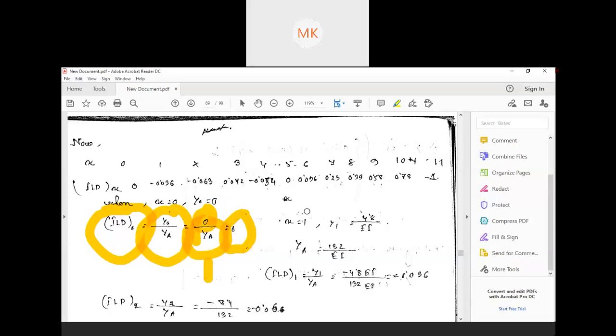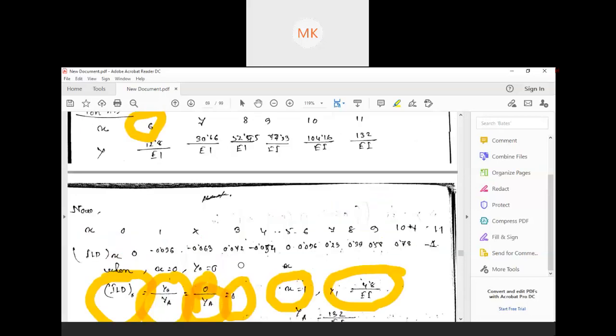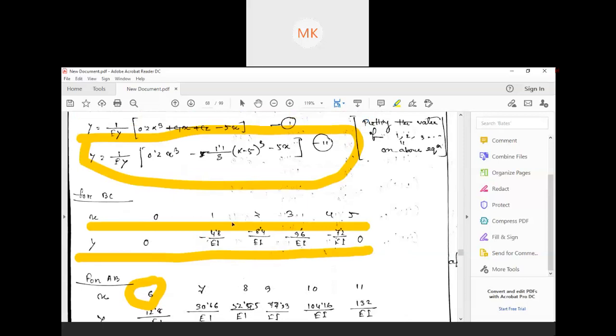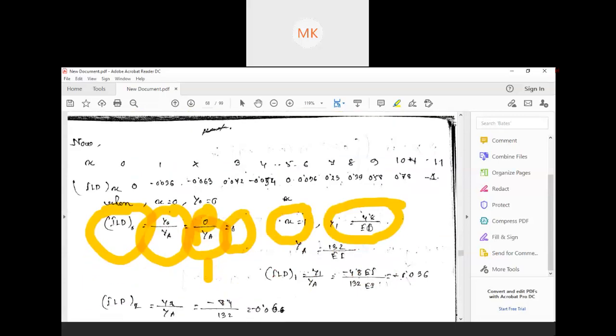Okay, similarly, when you consider x equal to 1, just put the value. Your y1 value is this.